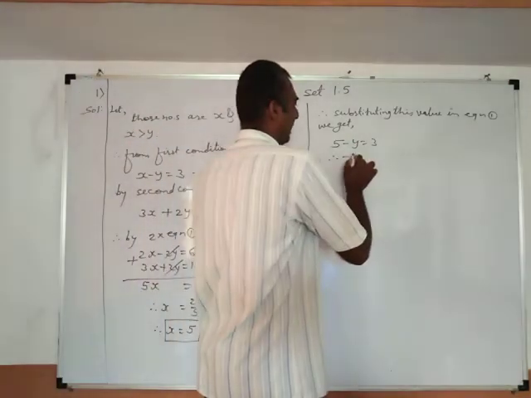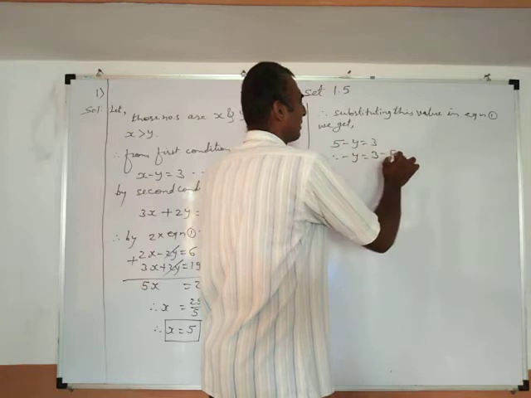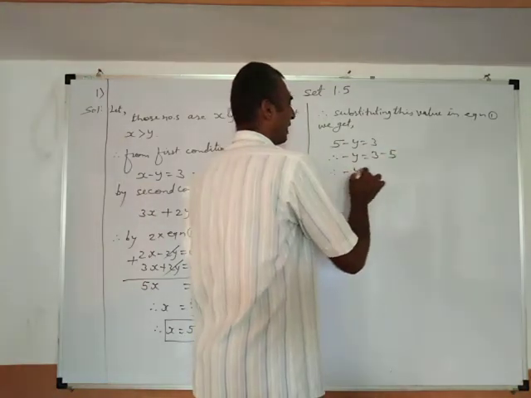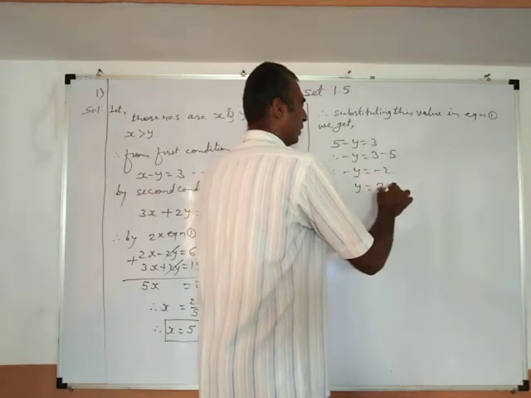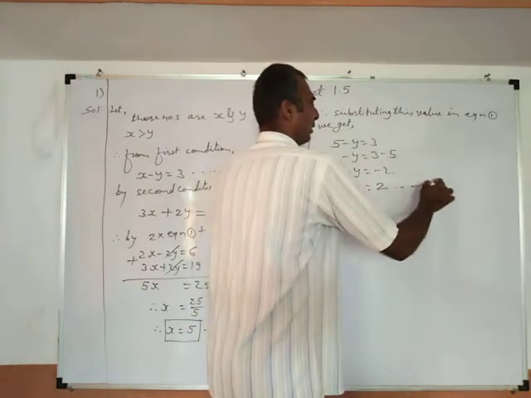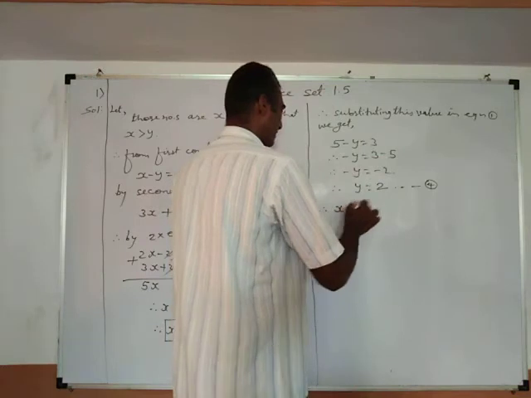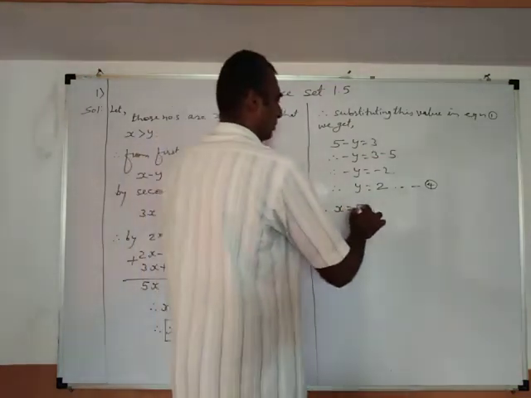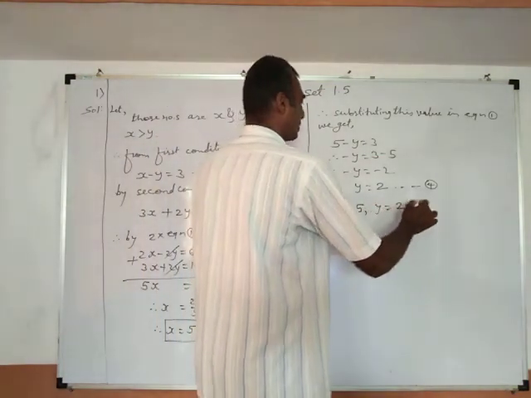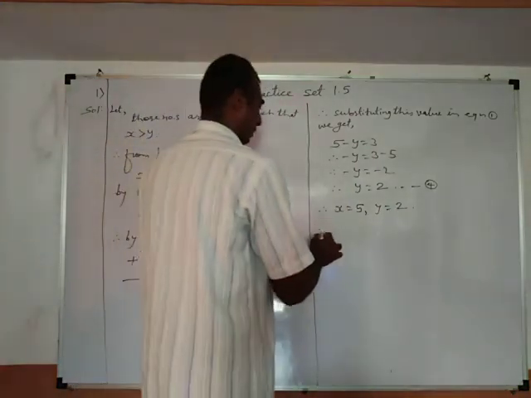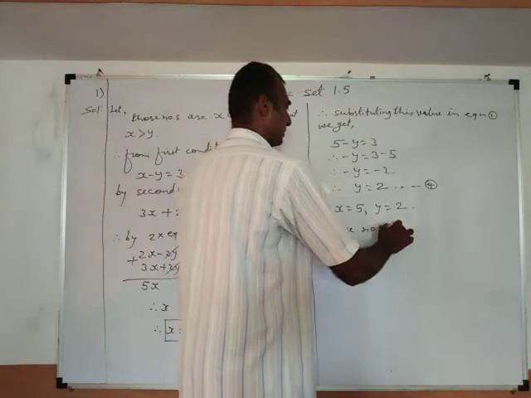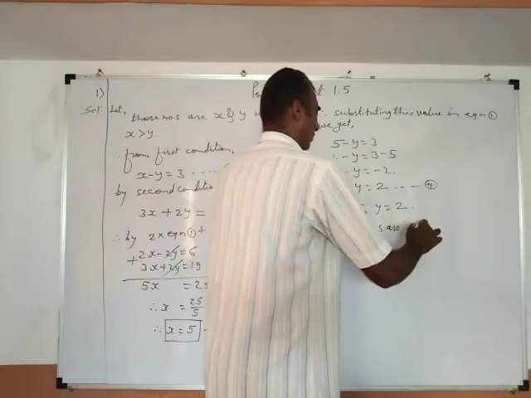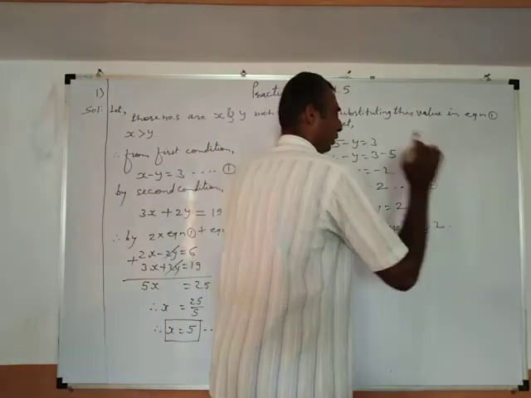Therefore, minus y equals 3 minus 5. Therefore, minus y equal to minus 2. Therefore, y equals 2. Okay, and therefore x equals 5, y equals 2. And therefore, those numbers are 5 and 2.